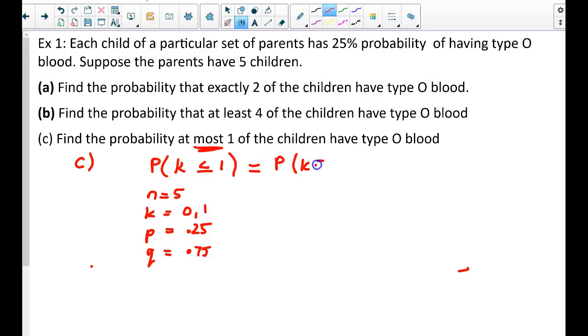And we're going to add those two pieces. We're going to substitute into the formula.